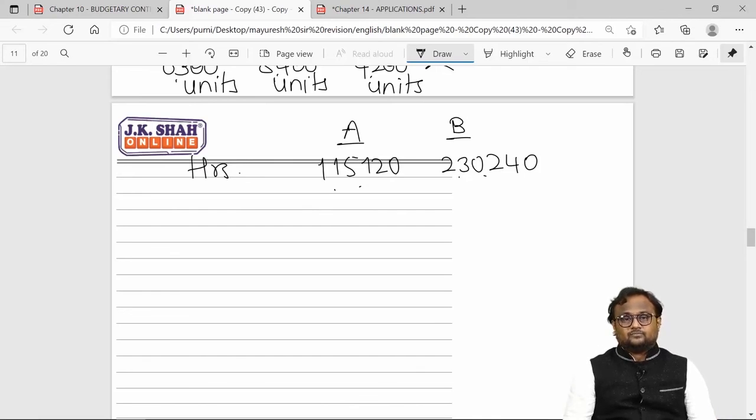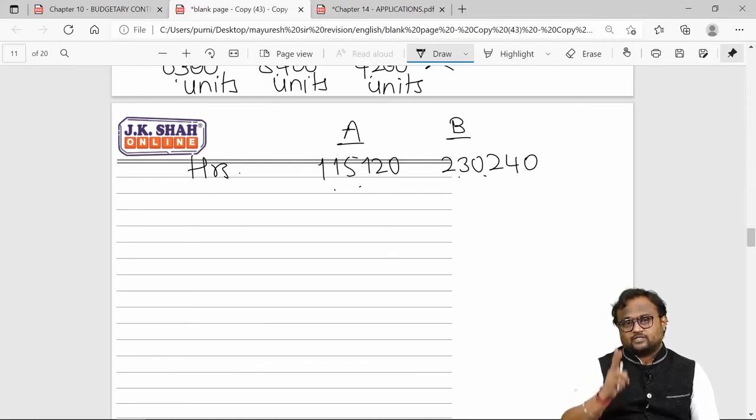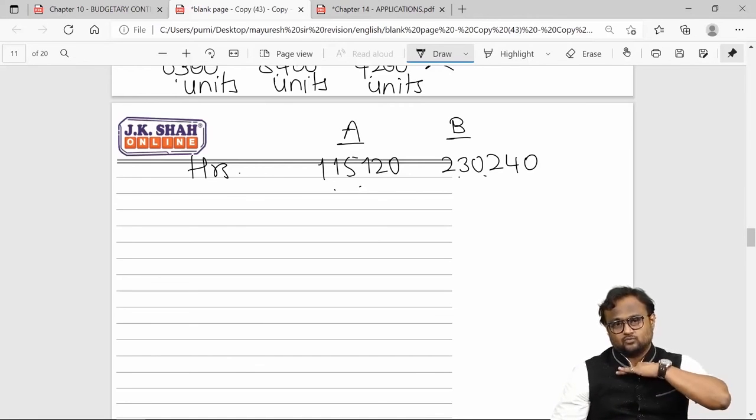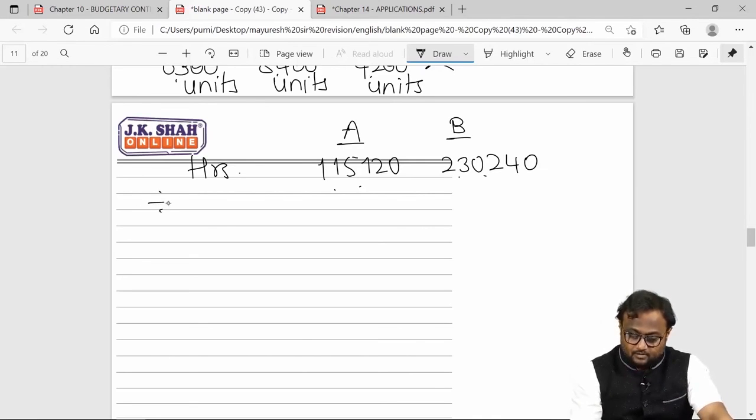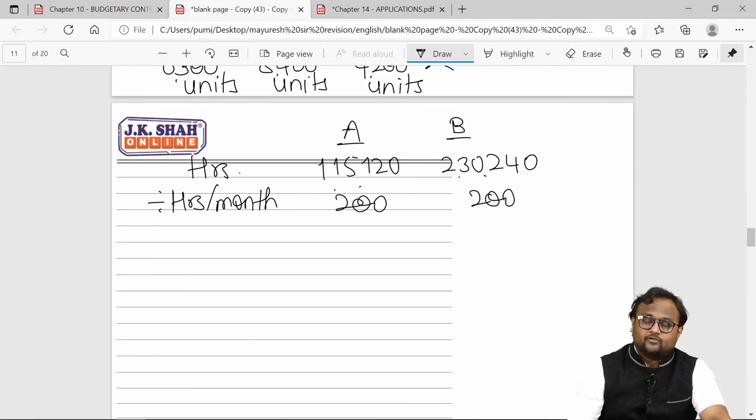Boss, in order to sell the quantity which we have decided in the first working note, in order to produce the production quantity which we have decided in number 2, boss, I need so many hours. I know my one worker works for at the most 200 hours.